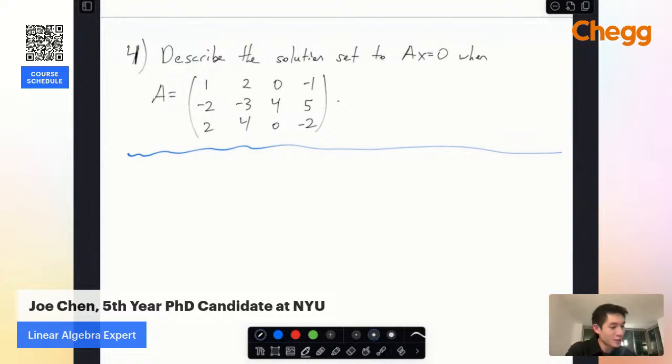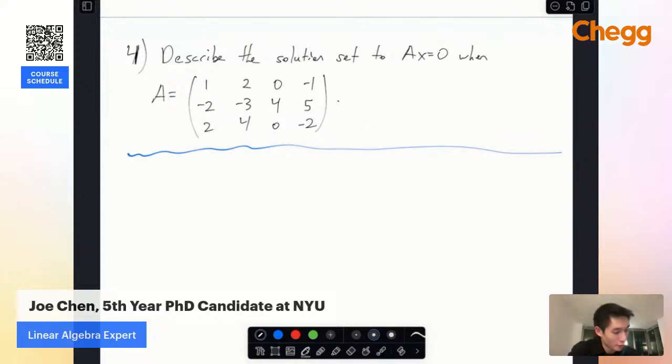So the question type is the same: describe the solution set to a matrix equation, AX equals 0, when we have this given matrix. Counting the number of free variables to describe the solution is very helpful because here we actually have 4 variables.